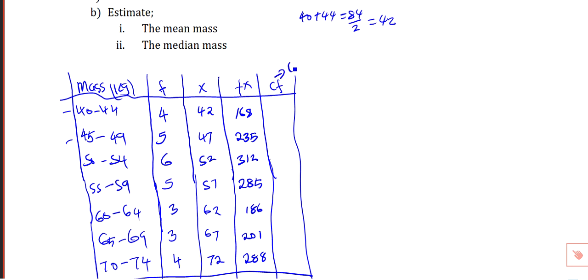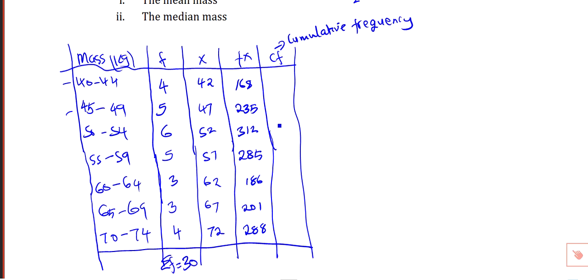Now cf means cumulative frequency. This is how you fill in the column of cumulative frequency. You first of all start with 4, you write there 4. Now the next one, take this 4 and add it to the next frequency, which is 5.